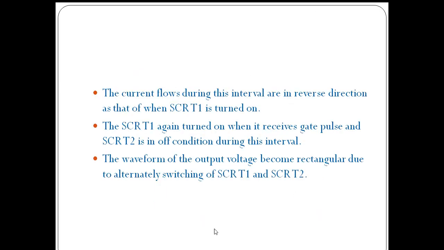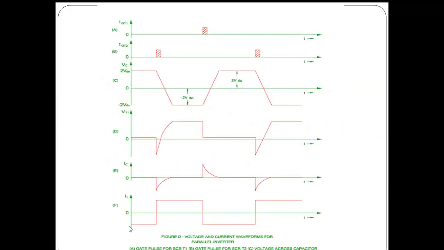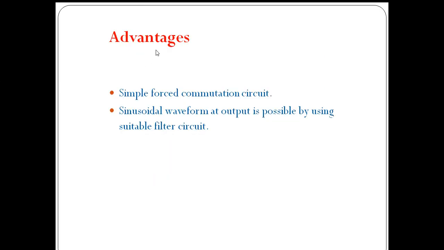So if we observe, the load current is like this. It is a square wave, alternating. Across the load we are getting an alternating voltage. This is how the parallel inverter operates.